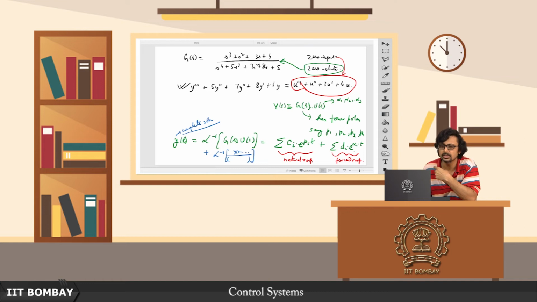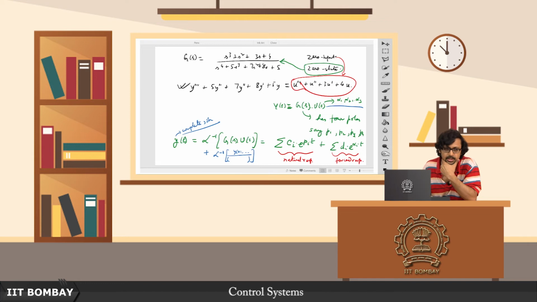Because the forced response is only those modes which arise out of the poles contributed by the input. But remember, even if you are considering your initial conditions to be 0 and you just have a forcing function, when you are taking the Laplace inverse of this, it will contain all the modes, not just the response due to the poles contributed by the input, but also the response due to the poles contributed by the system itself, and these will come as part of the natural response, not the forced response.